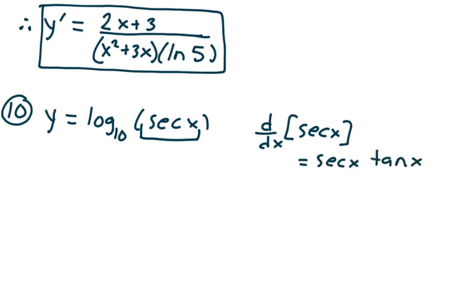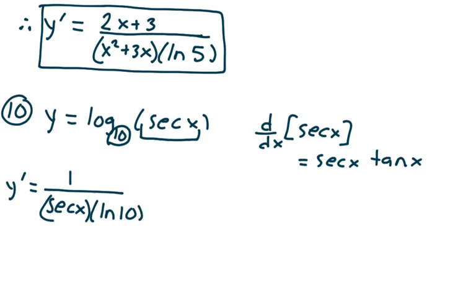Okay. We're going to need that in a minute. So y prime is 1 over secant x times the natural log of 10, because that's the base. And I'm going to multiply by the derivative of secant x with respect to x.